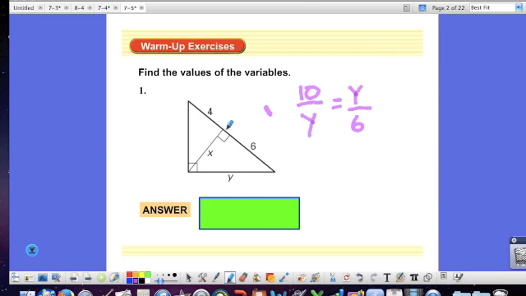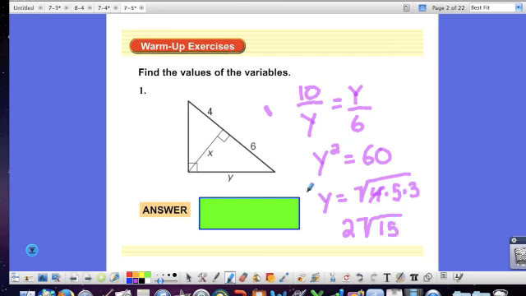So what I have here is the hypotenuse over the leg, and that becomes the hypotenuse and the leg. So we have y squared equals 60. So y equals 4 times 5 times 3. The 4 comes out, and we have 2 radical 15 for y.